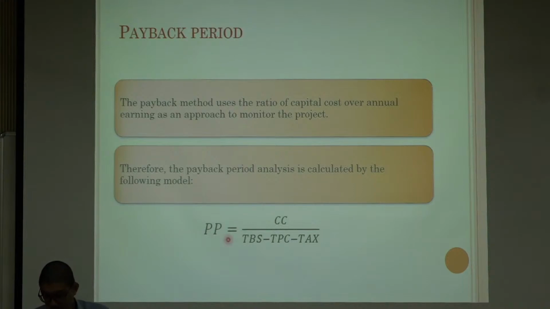Payback period is relatively simple: how many years enable you to recover your total capital, which is your total sales minus the potential costs, including all the tax and whatever.